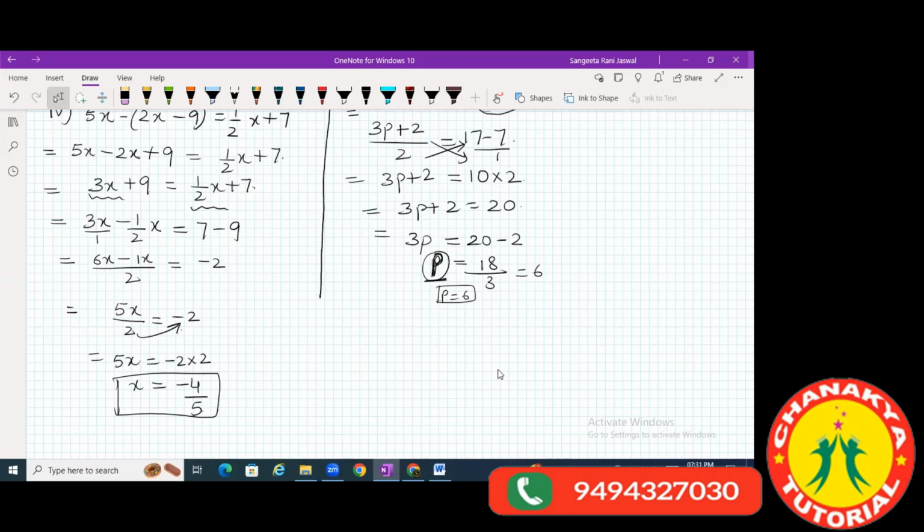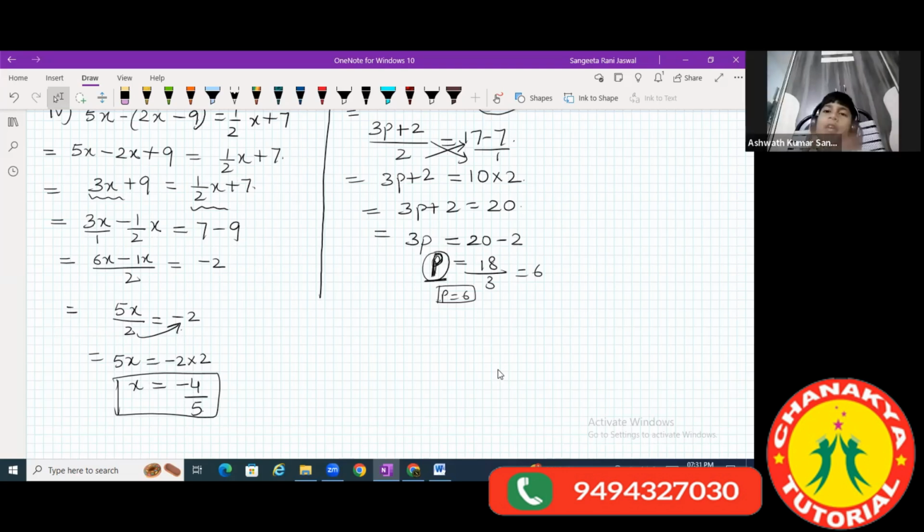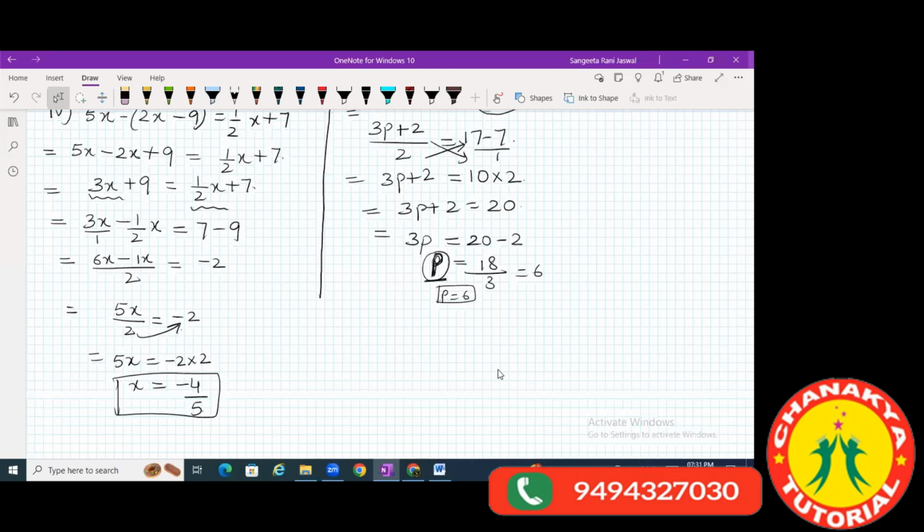Ma'am, I did till 5x by 2, but after that I didn't. Ma'am, I did not understand how you got 6x, like from 3x minus 1 by 2x. See, last time also you asked me one question. When I'm writing this in fraction, how do we take the LCM? How do we subtract this?